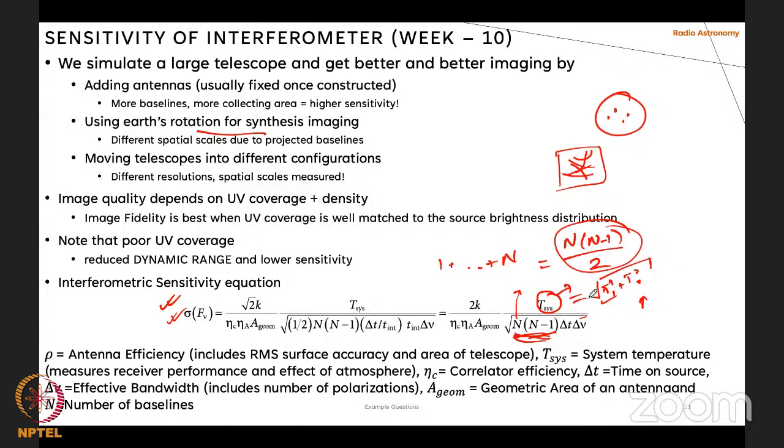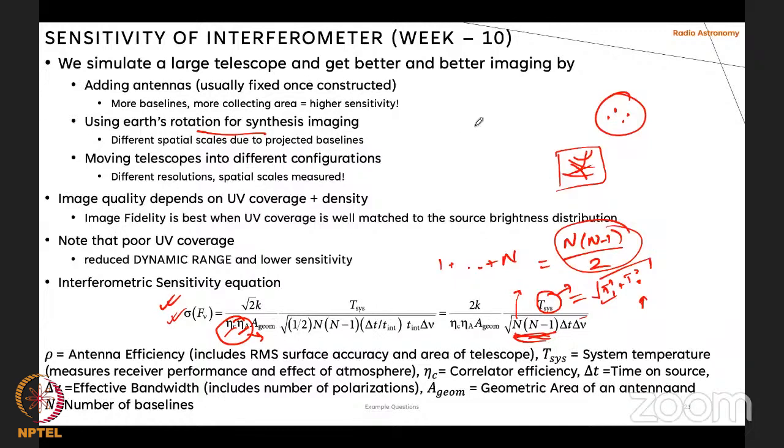Because this way is approximated as the approximate system temperature. And there are two more terms over here, which are eta A and eta C. These two are the aperture efficiency and the correlator efficiency.